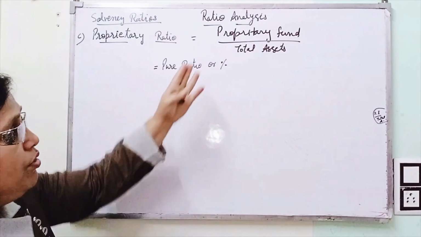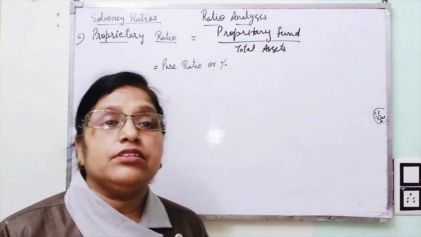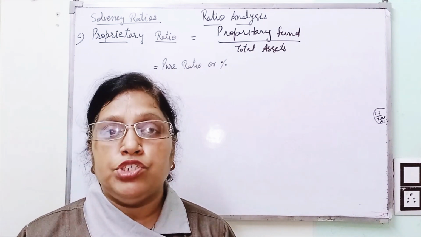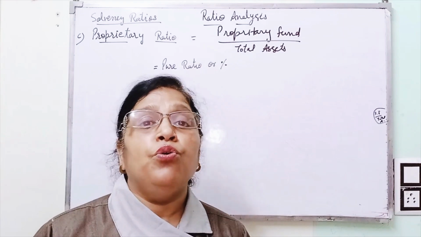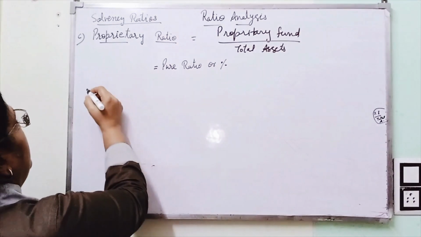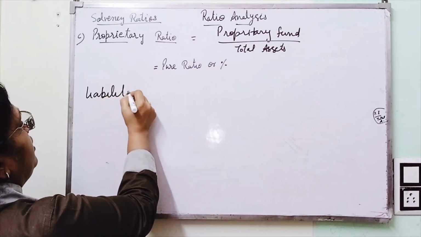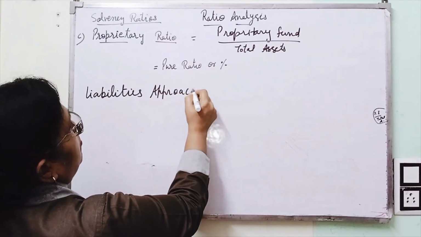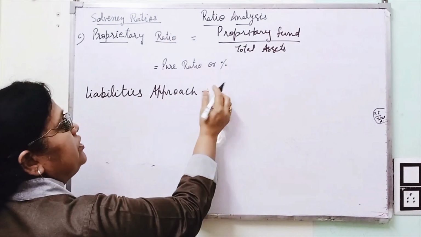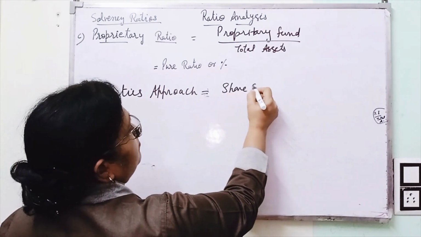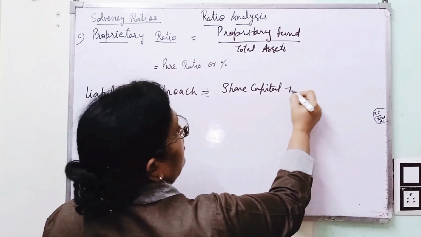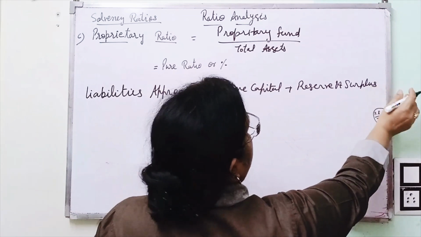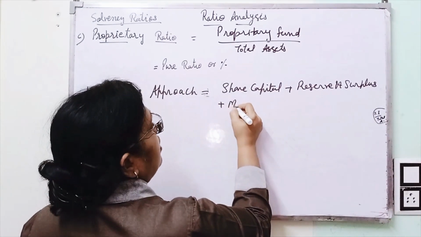Now, how can we calculate proprietary fund? As we have discussed in our previous class, proprietary fund can be calculated by two approaches: the assets approach or the liabilities approach. In the liabilities approach, proprietary fund is equal to share capital, reserve and surplus, money received against share warrant.